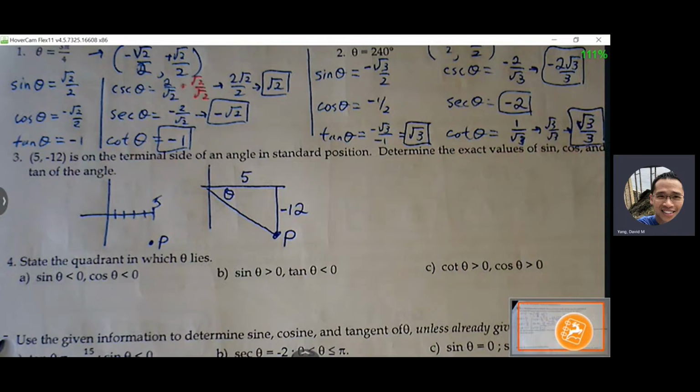I got to move to the right 5, so that's positive 5. I got to go down 12, so that's negative 12. And now I can use Pythagorean theorem, and I can find my missing side. Remember, your hypotenuse is always positive.